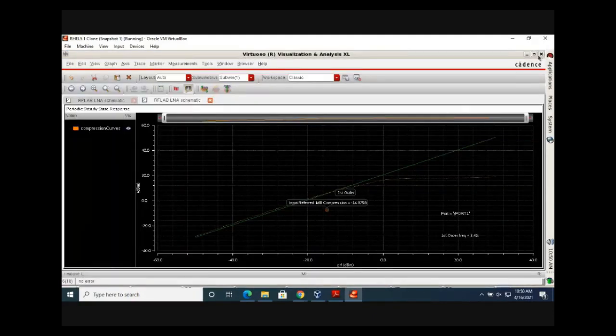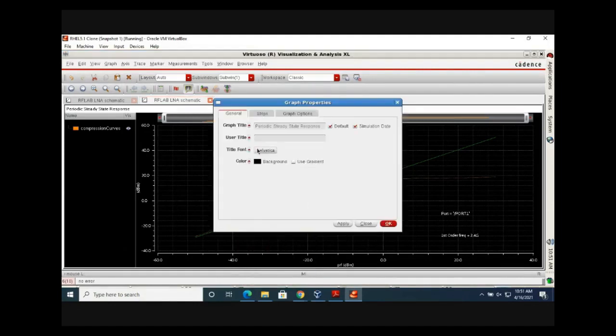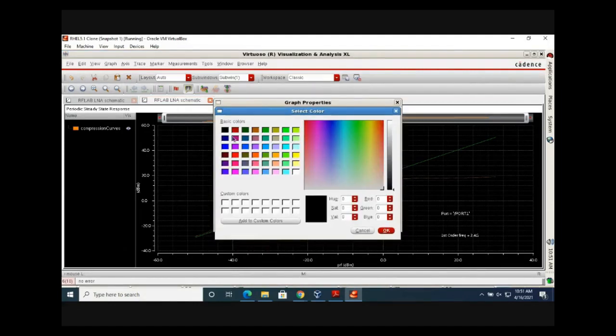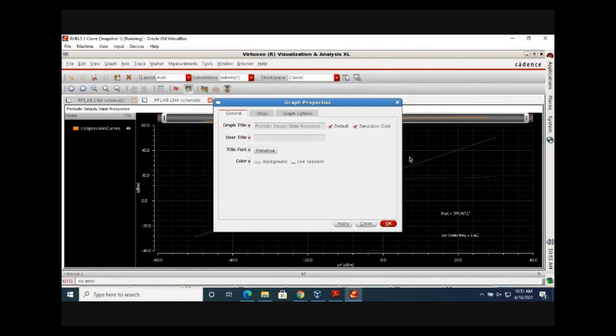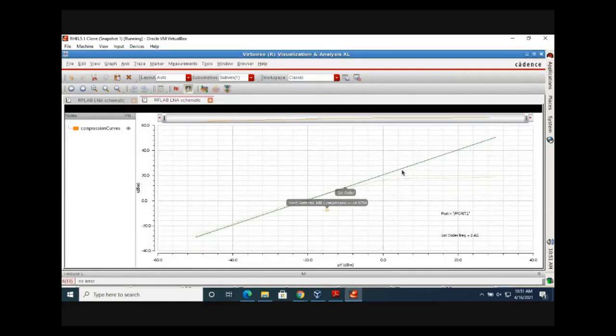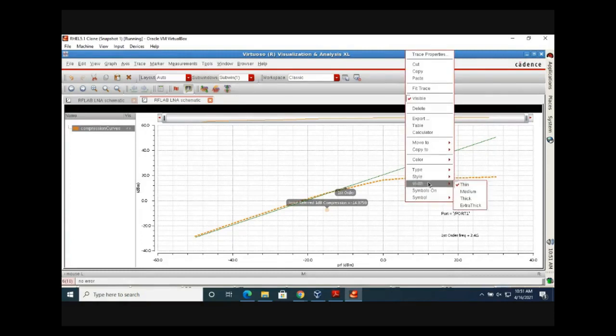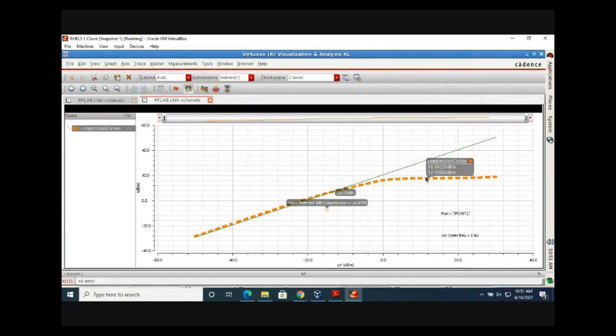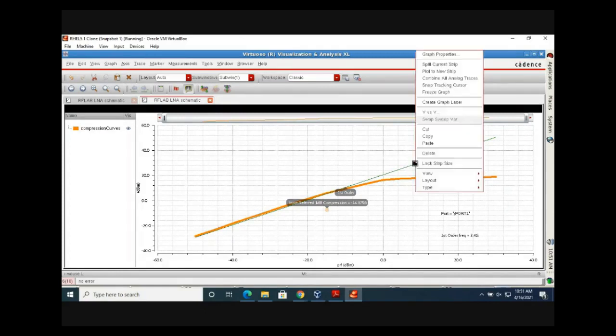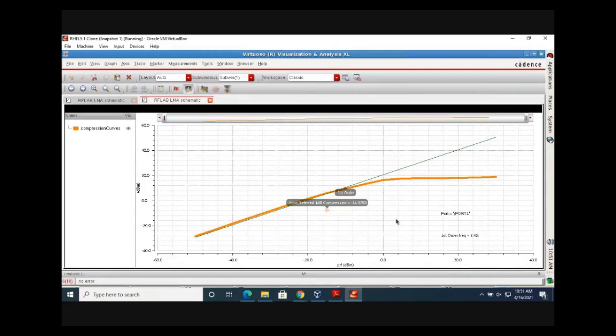That will give you the compression point. I hope you can see this.